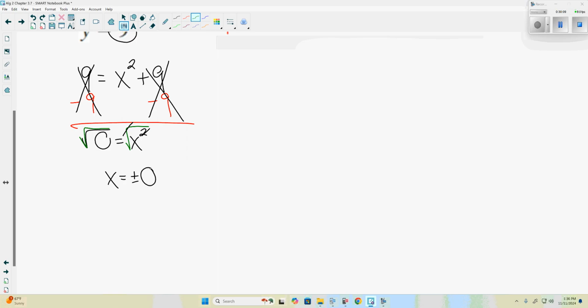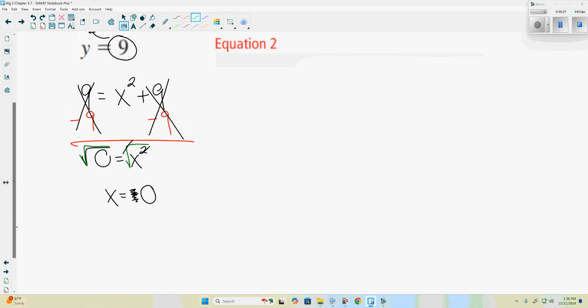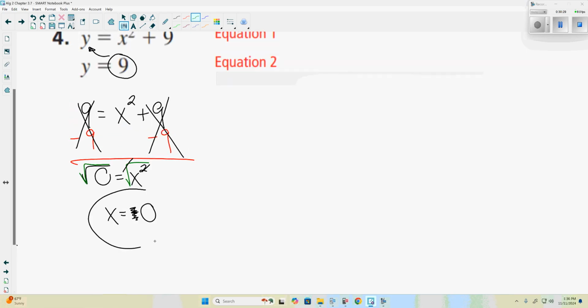We get this here. Now, is there such a thing as positive or negative 0? No. Might as well cross that out, because 0 is just 0. It's not positive, it's not negative, it's not even, it's not odd. It is just 0. That means we only have how many values of x?